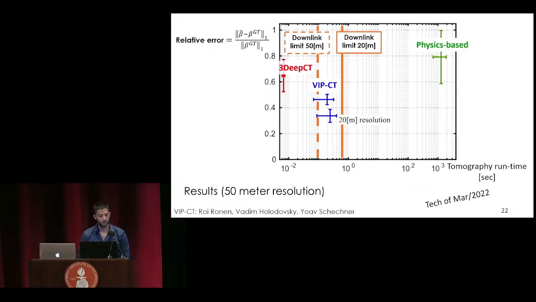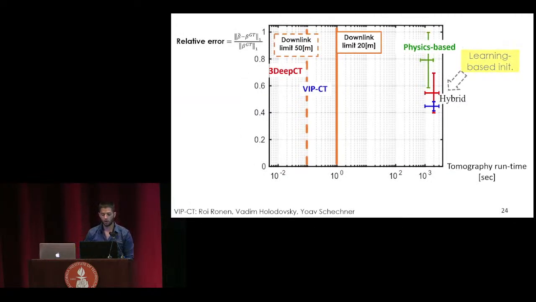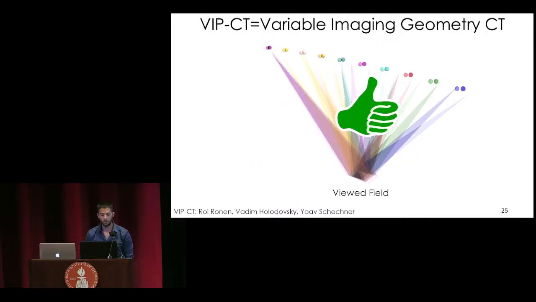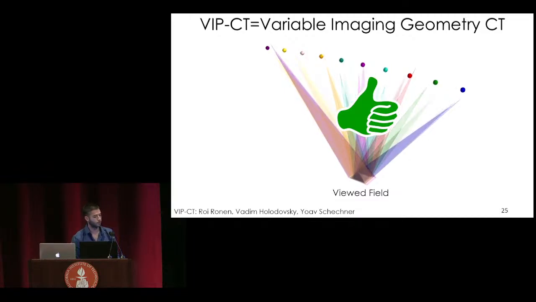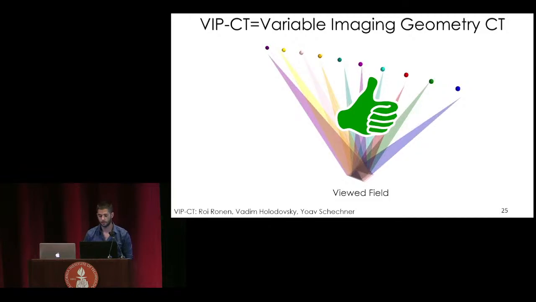Moreover, VIPCT quality far exceeds prior art, as you can see, and it further improves with spatial resolution. Moreover, our learning-based result can initialize a physics-based solver, obtaining a lower error overall. Moreover, VIPCT is by design suited for variability in imaging geometry. We show this in extensive examples in our paper.